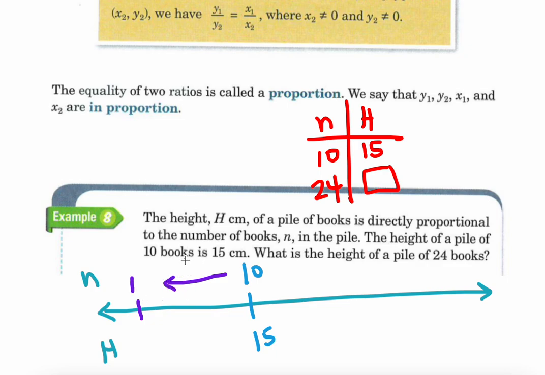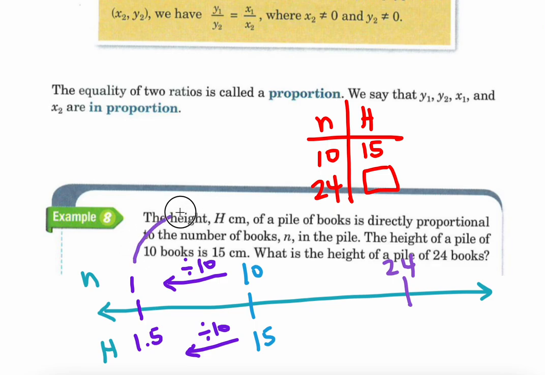For one book, I need to take that 10 and divide it by 10. 10 divided by 10 to get to 1. 15 will need to divide by 10 as well to match that. 15 divided by 10 is 1.5. So for one book, the height is 1.5 centimeters. I'm not done though, because the problem wants to know what's the height of a pile of 24 books.